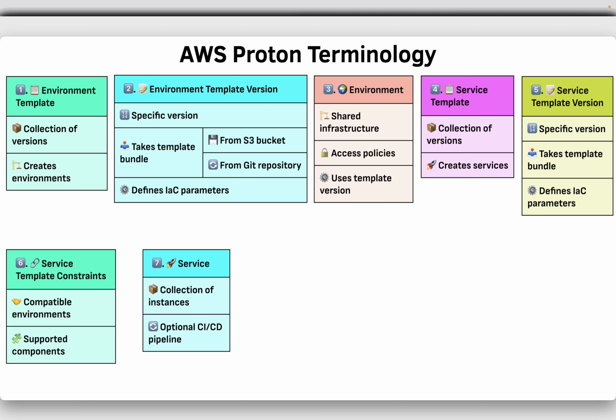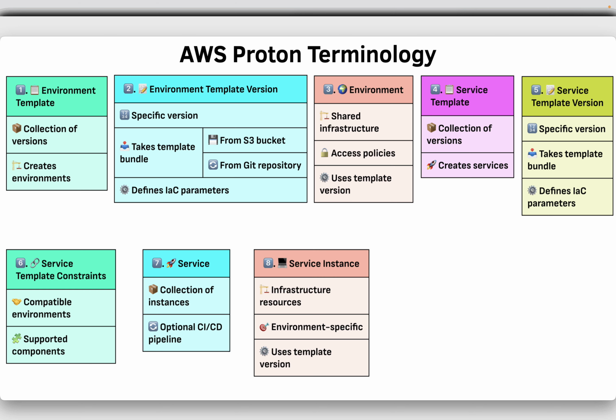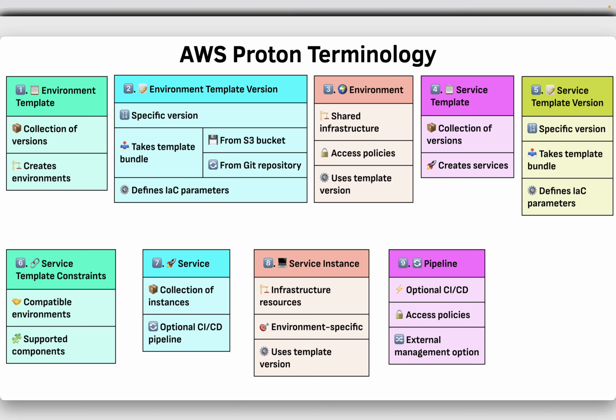Then a service, which is a collection of service instances that run an application using resources specified in a service template, and optionally a CI/CD pipeline that deploys the application code into these instances. Then we have a service instance, the set of AWS infrastructure resources that run an application in a specific AWS Proton environment. AWS resources are provisioned by using a service template version invoked with specific parameter values.